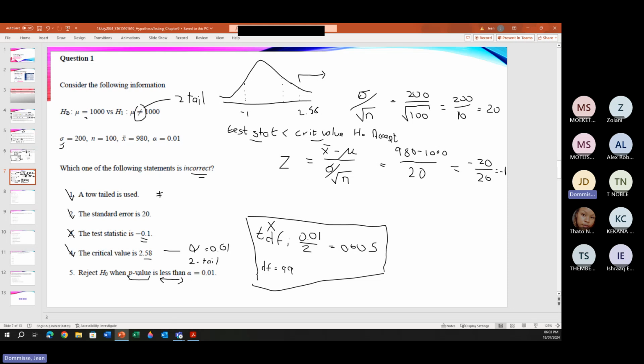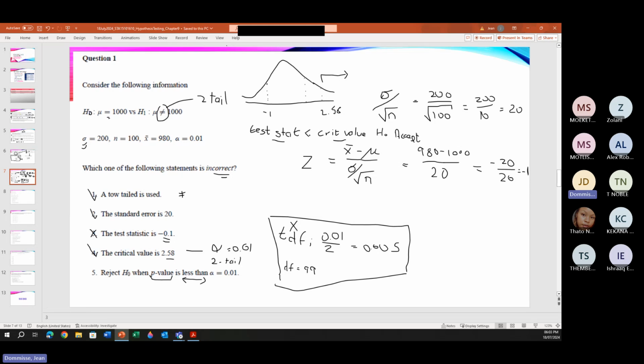When your p-value is less, we will reject the null hypothesis. So let me show you on this table, and let's copy this. I want to make space for this. So because this is important in this instance.